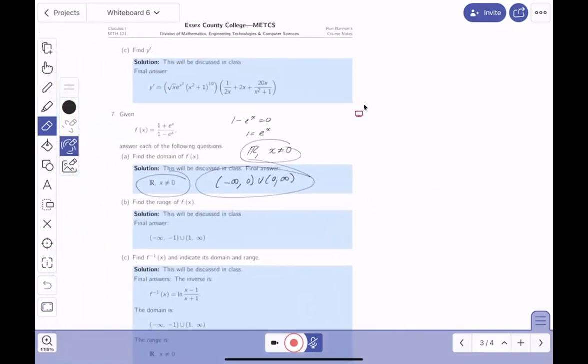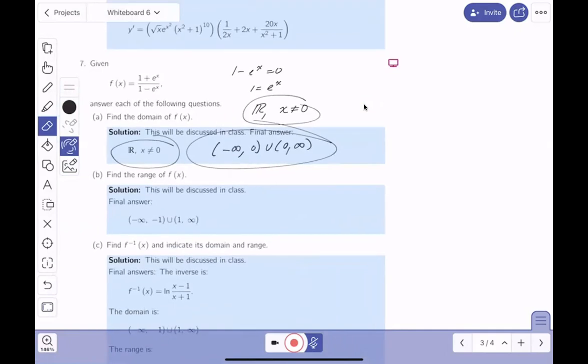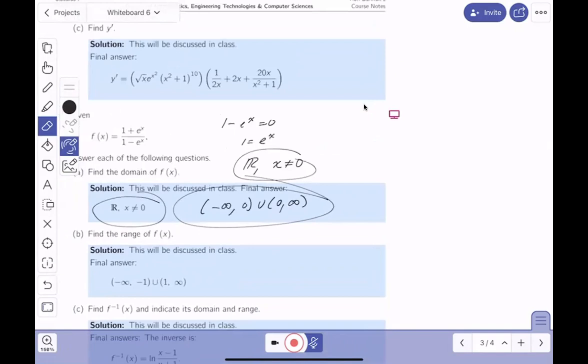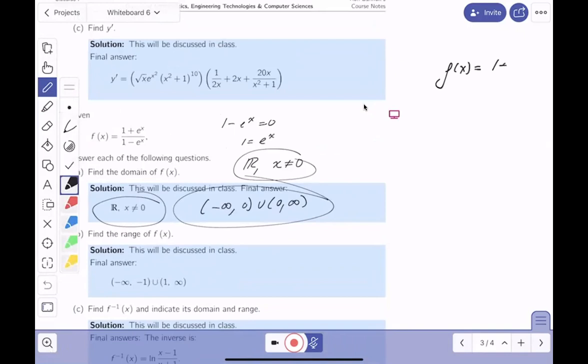All right. I made a mistake. Oh, you know what? I didn't make a mistake. I made a mistake only in one part of it. Only in one part. Let me go over it again, though. So f of x, again, I know I got an asymptote at the 0.